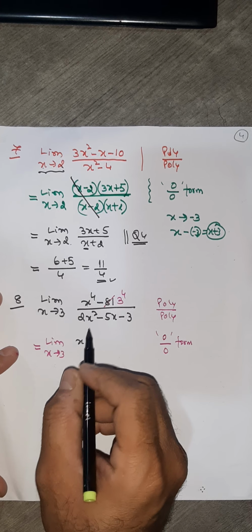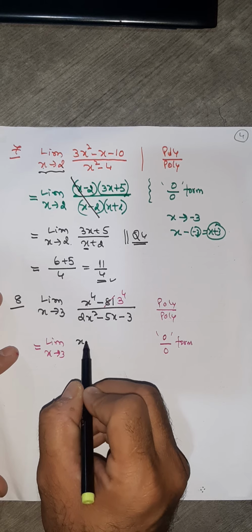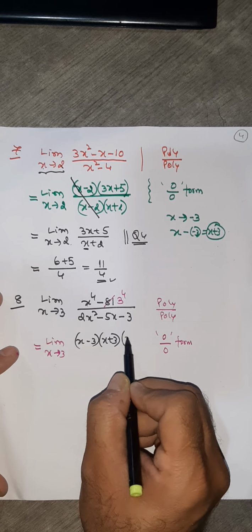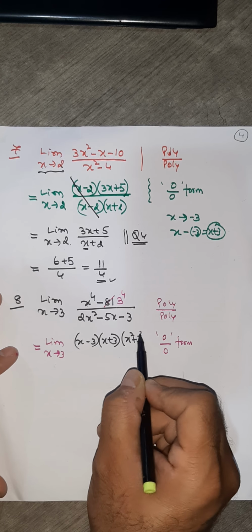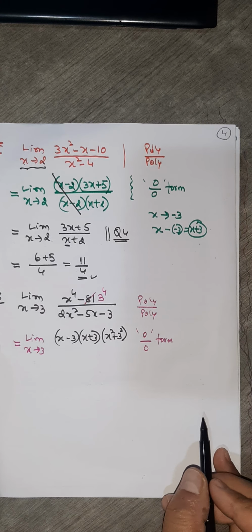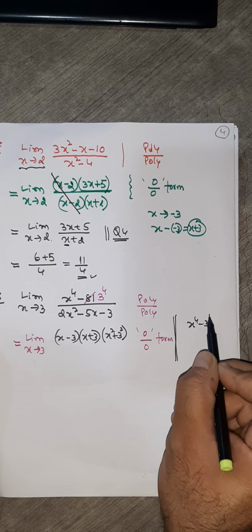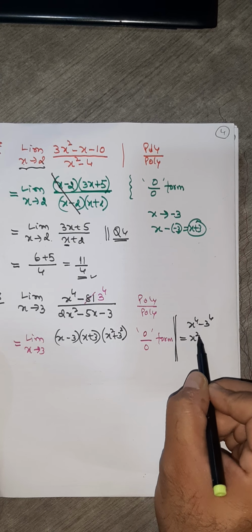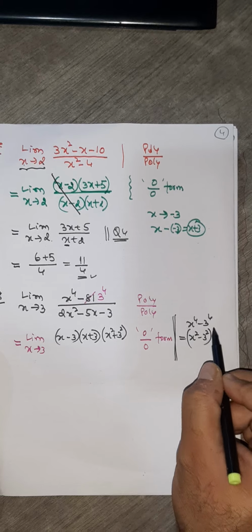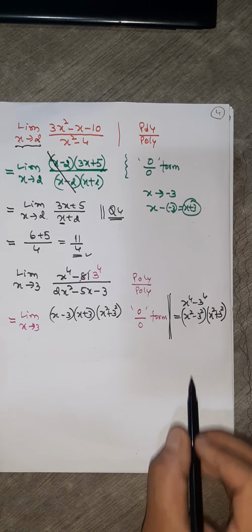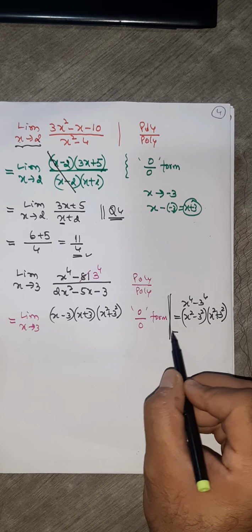This you can write like this: x minus 3 into x plus 3 into x square plus 3 square. You know it. I'm just showing you what I did. x raised to 4 minus 3 raised to 4, so x square minus 3 square into x square plus 3 square. Fine. And then this cannot be factorized, you know.